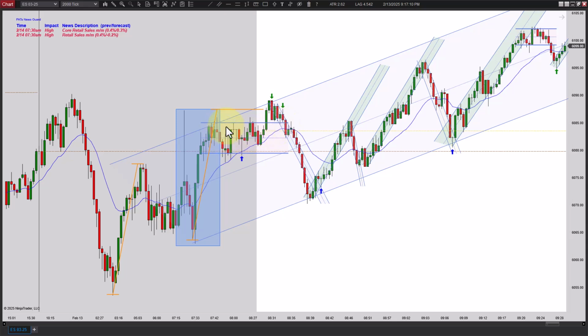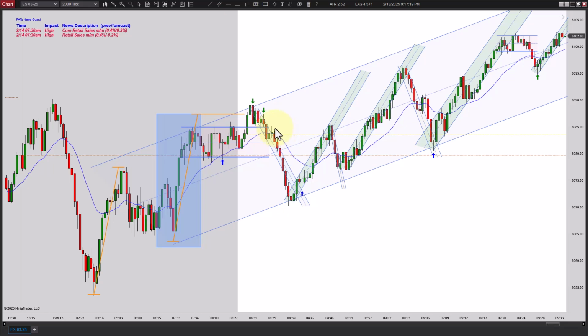Although EMA doesn't really matter when you're playing the range rules, and we're still playing range rules here because we've already had 2 measured legs up. So I like that trade. If this would have had a good signal bar, I'd tell you to go short here right off the range again. But the signal bar is just not good enough.